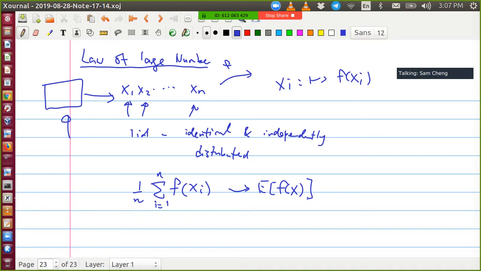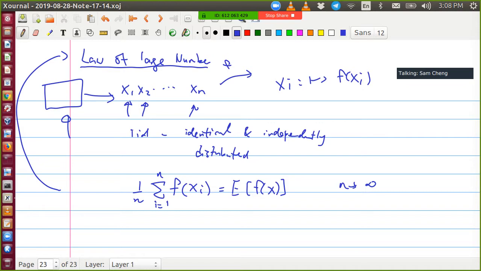I will simply write that they are equal if I allow n to go to infinity. This is the law of large numbers, and the way we are stating it is the so-called strong law of large numbers.